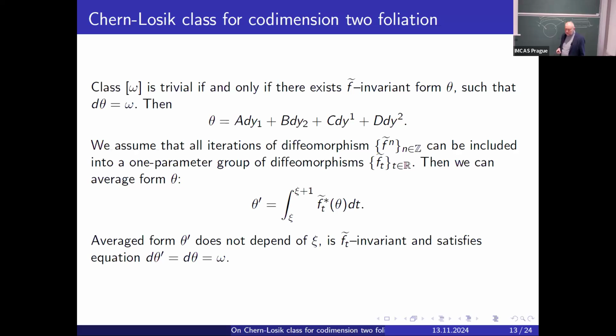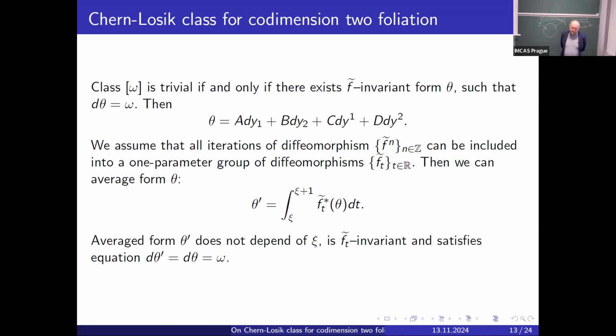Now, of course, we define this class, and question is, is it possible that this class is non-trivial? So we need to find some examples, some model examples, and we try to understand what means this triviality or non-triviality of this class.